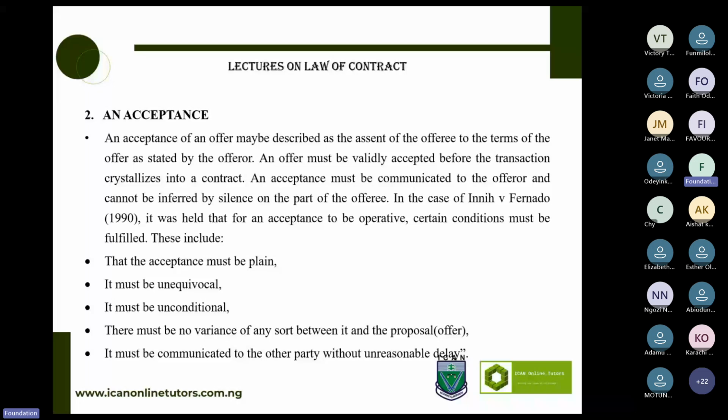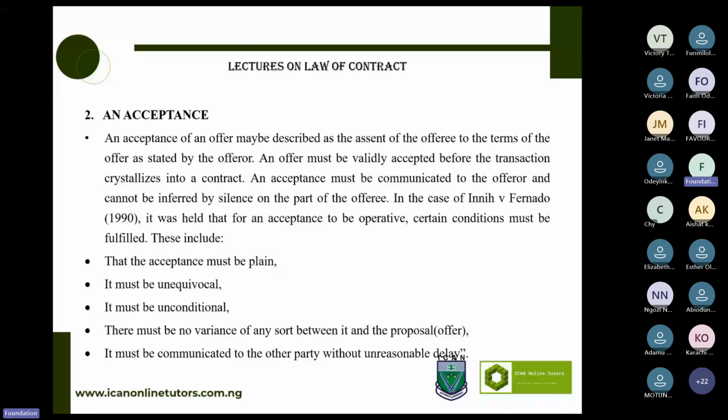And lastly, the law says that acceptance needs to be made within a reasonable time. So if you're accepting it after the timeline, there's no contract, except a new position will be restored right ab initio.